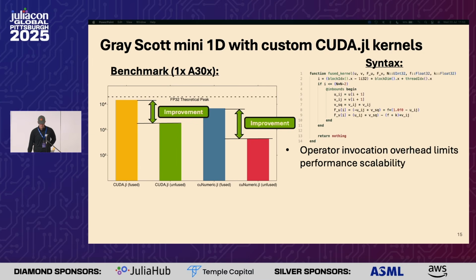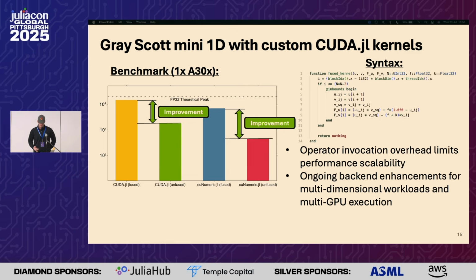So to summarize this work, operator invocation overhead really just limits performance scalability. And this is ongoing work. As you could tell, I did 1D instead of our 2D example.